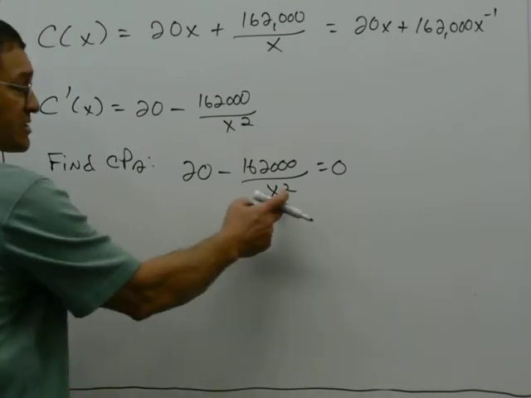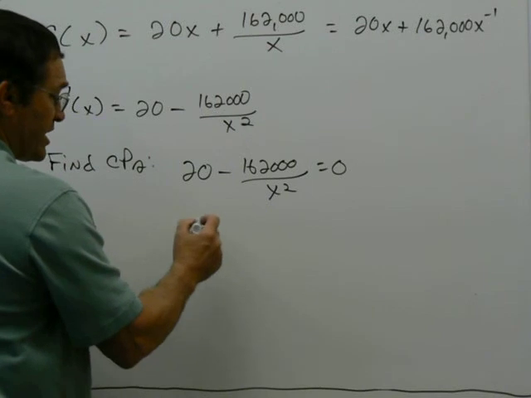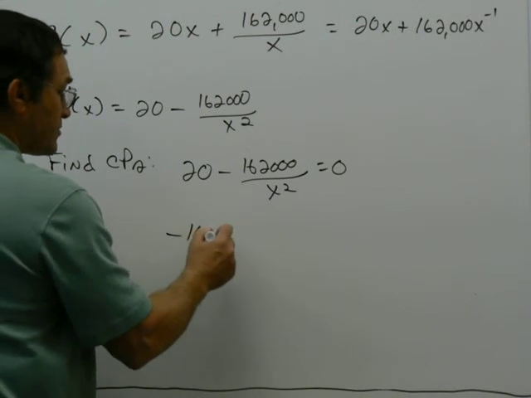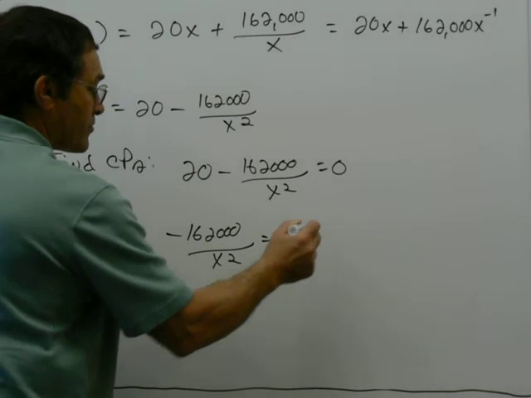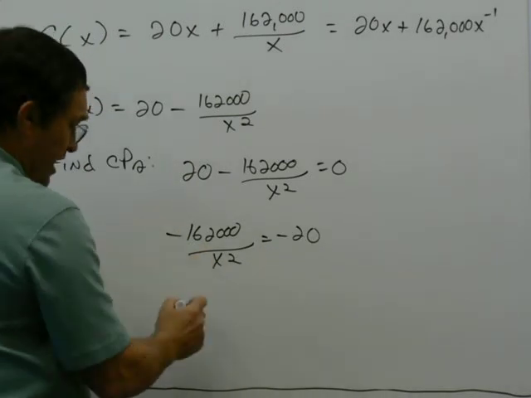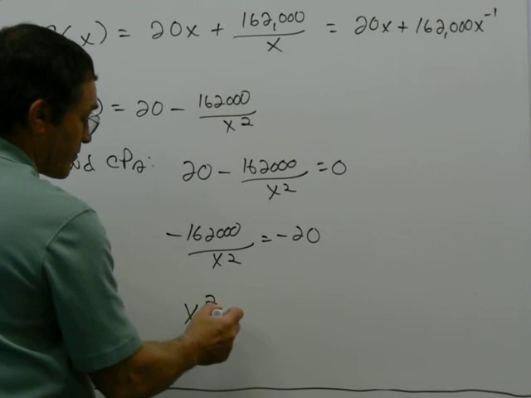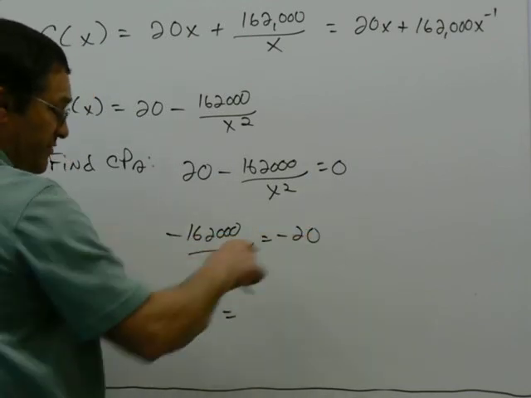But anytime all you have is a single x squared, you have a constant here. Let's subtract 20 from both sides, or add negative 20 to both sides. Let's cross multiply. And so we're going to end up with x squared equal to 162,000 divided by 20.